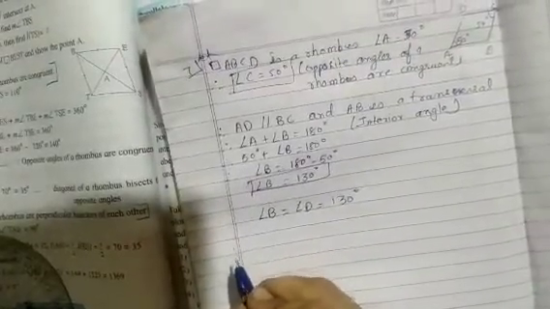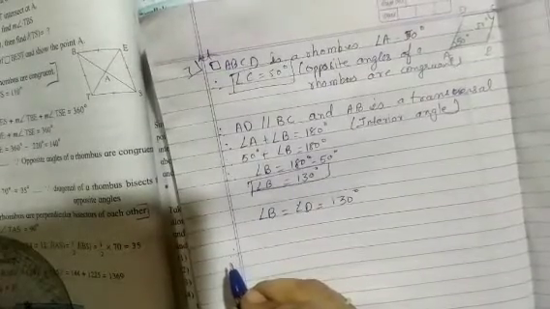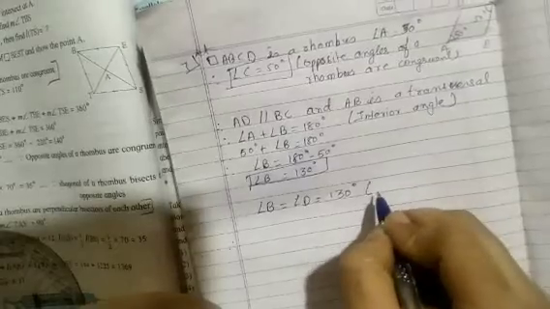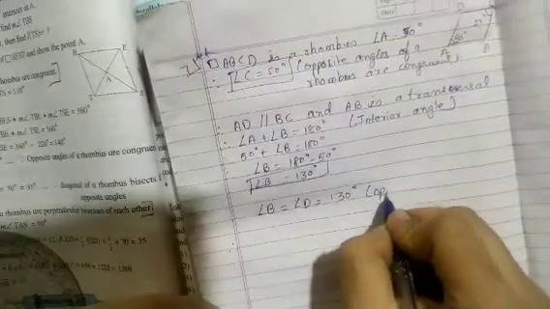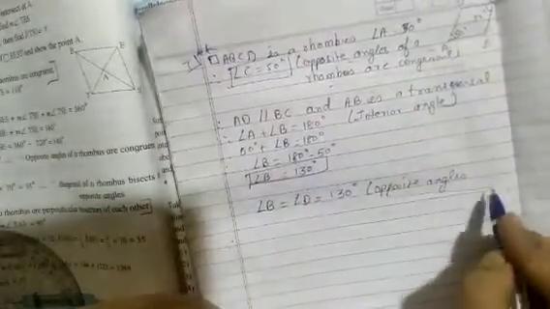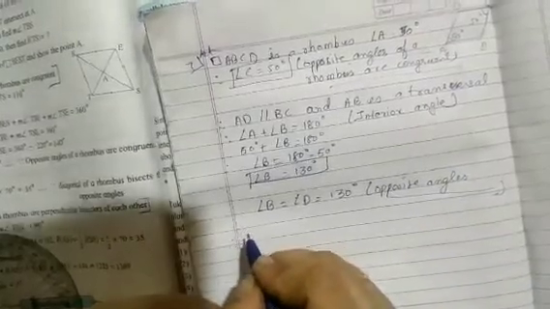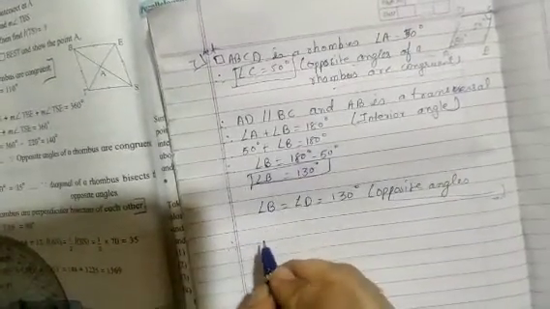Here we will write the reason. At the end we will write the answer. That is, here we will write the reason, that is opposite angles. This same reason you have to write here. Okay, I'm not writing it repeatedly, but you have to write it here. Then here we will write the answer.